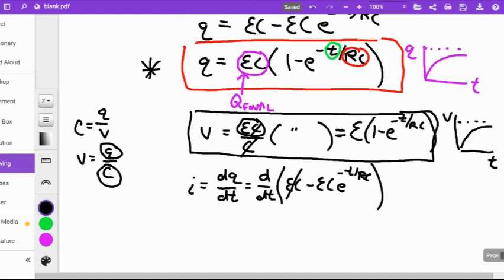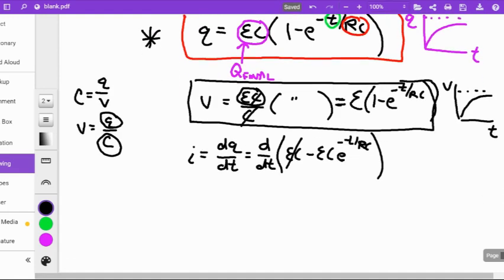And so that's going to work out for us, right? Because you'll end up with negative EC over negative RC.